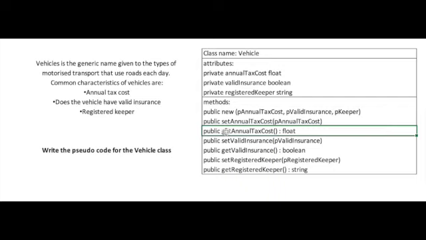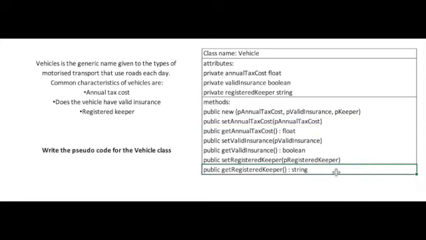So we can see in this case, get annual tax cost returns a data type of type float. Get valid insurance returns a data type of type Boolean. Get registered keeper returns a data type of type string. So now we're going to look at the pseudocode implementations of this class definition for vehicle.